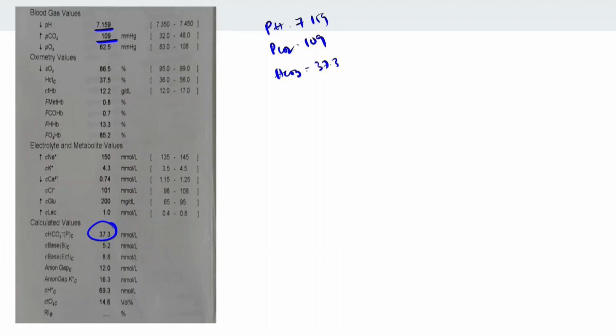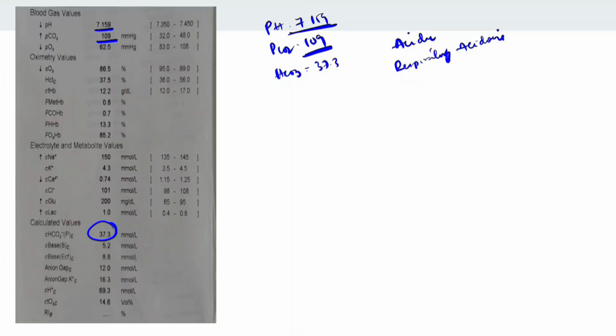As we clearly know, pH is less than 7.35, so it is acidic. Next we need to know whether it is metabolic acidosis or respiratory acidosis. The respiratory component here is 109, which is clearly more than 45. So the PCO2 is increased, so it is respiratory acidosis.